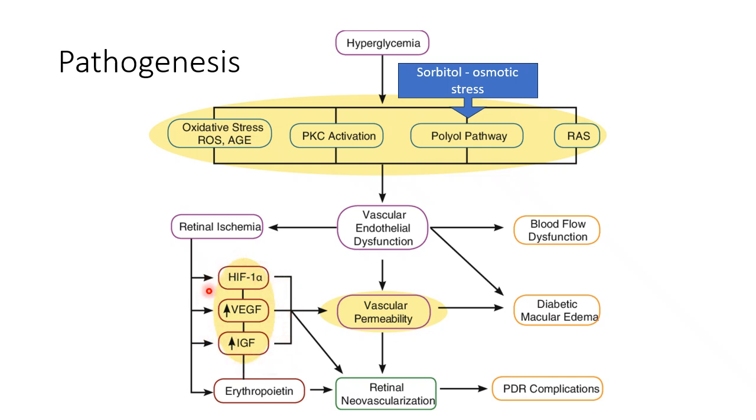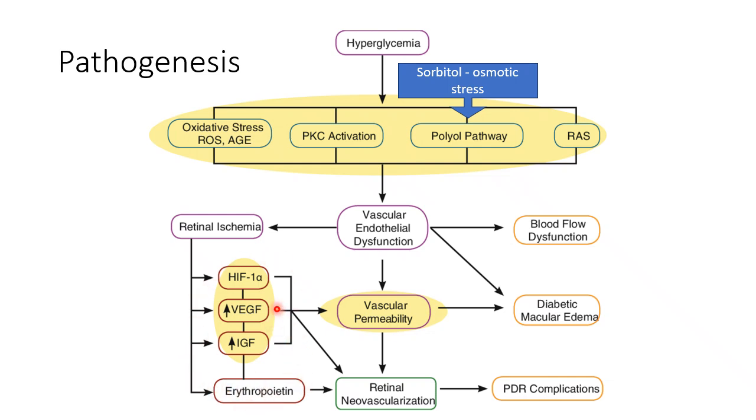Now decreased blood supply to the retina because of the endothelial dysfunction in turn leads to upregulation of these pro-inflammatory factors, which are known as HIF, VEGF, IGF, that is hypoxia-induced factor, vascular endothelial growth factor, which is the most widely studied and the biggest culprit of all the things happening in diabetic retinopathy, and insulin-like growth factor, and erythropoietin, of course.